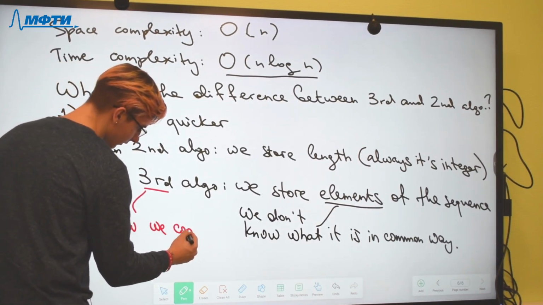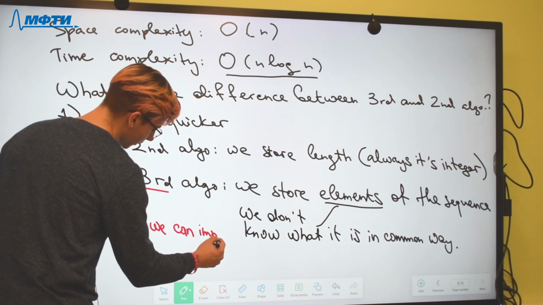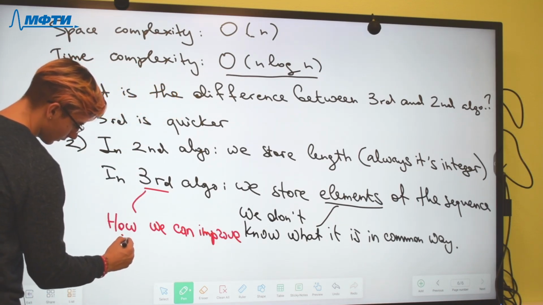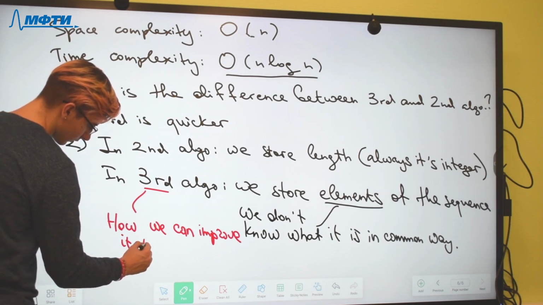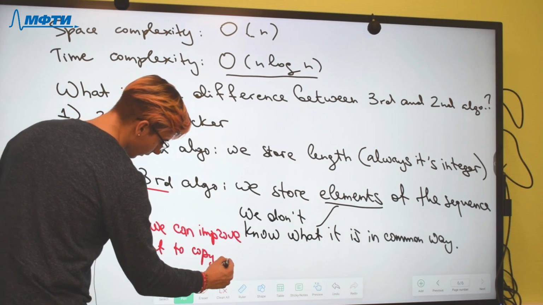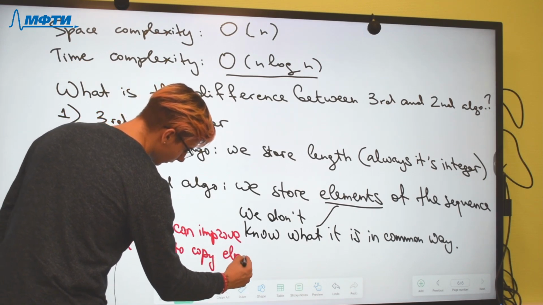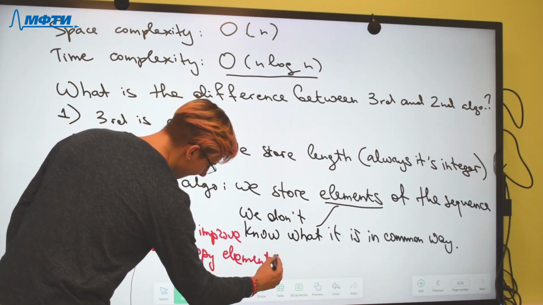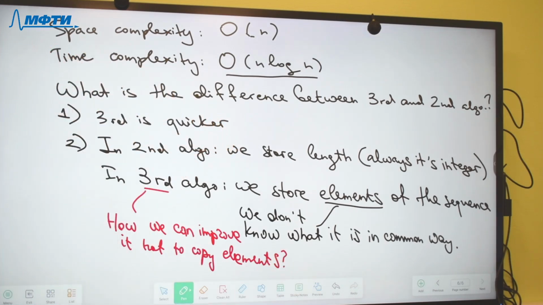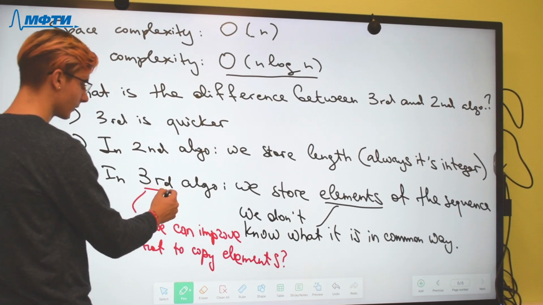How can we improve it? Not to copy elements in the third algorithm.